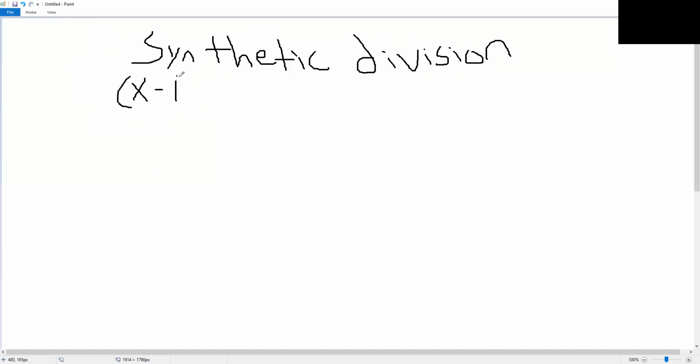Okay. We want to remove that factor from x to the fourth plus 2x cubed minus 7x squared minus 8x plus 12.